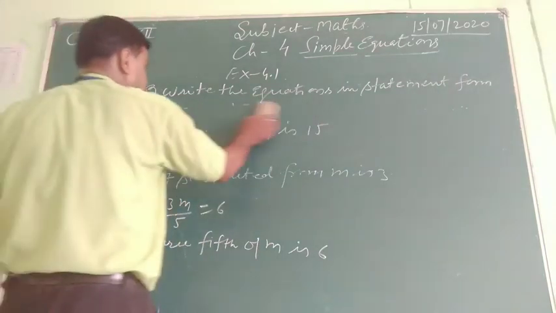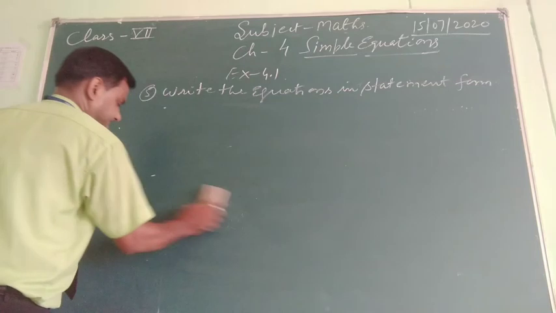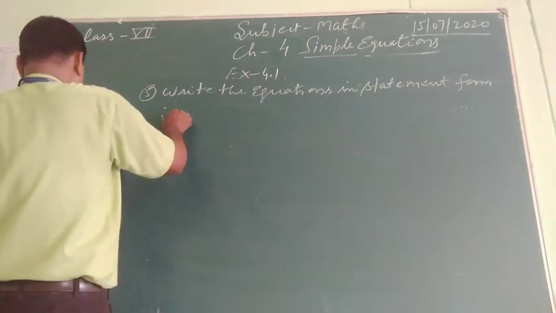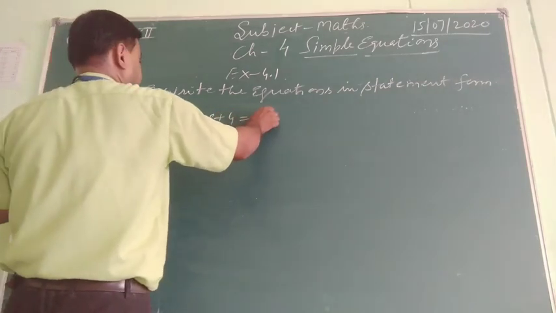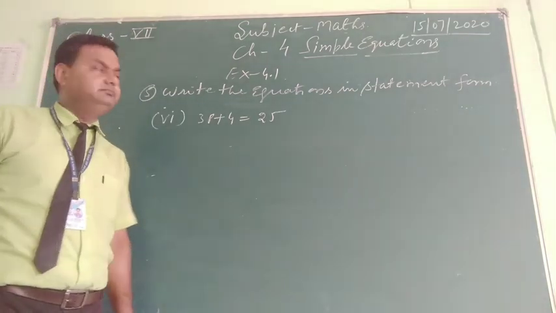The sixth part is 3p plus 4 equal to 25.